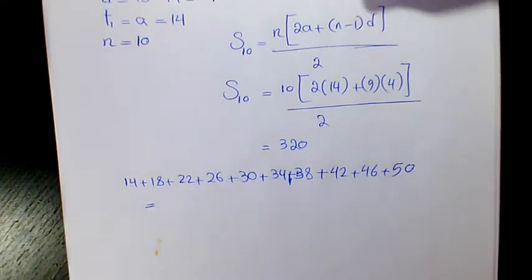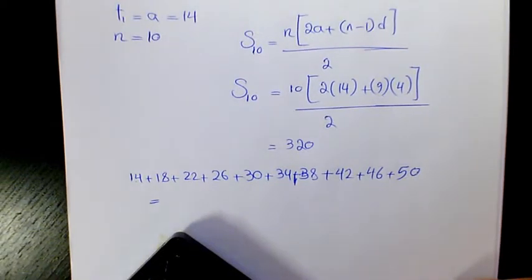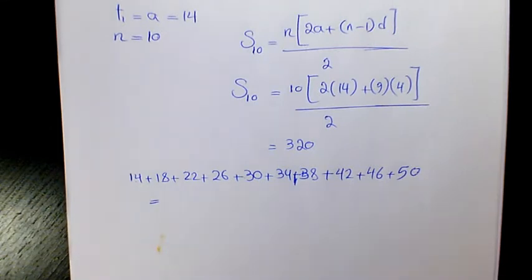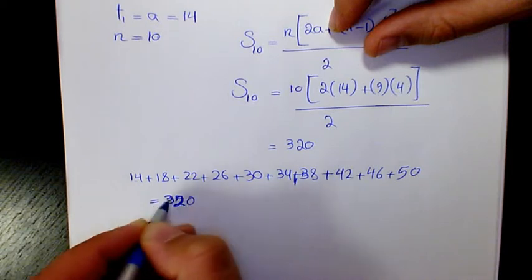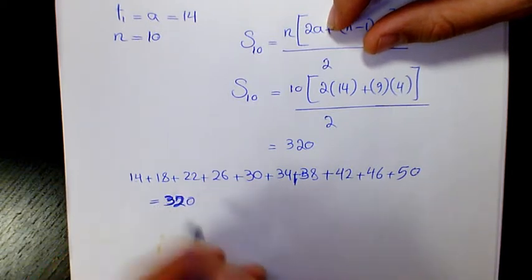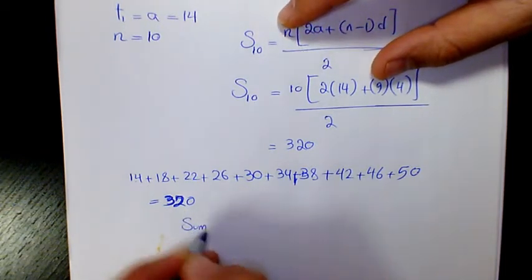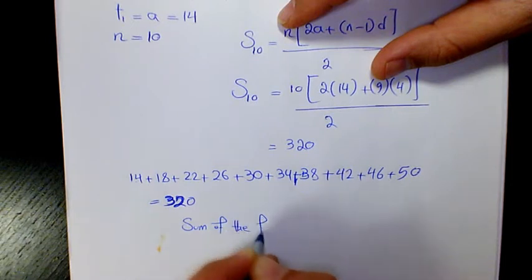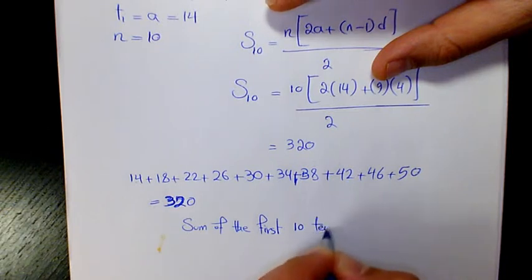So now if you use the calculator, 14 plus 18 plus 22 plus 26 plus 30, 34, 38, 42, 46, 50, that's going to be 320. This is the sum of the first 10 terms.